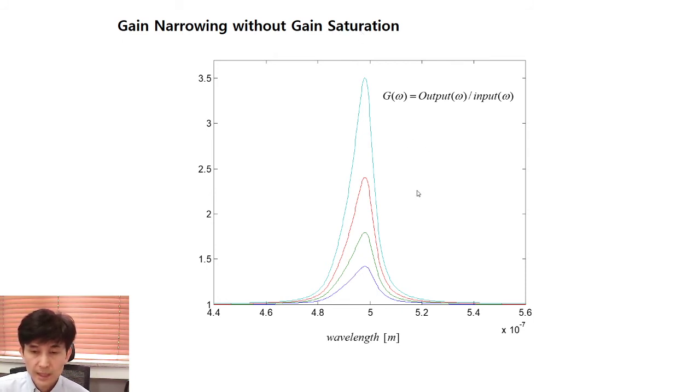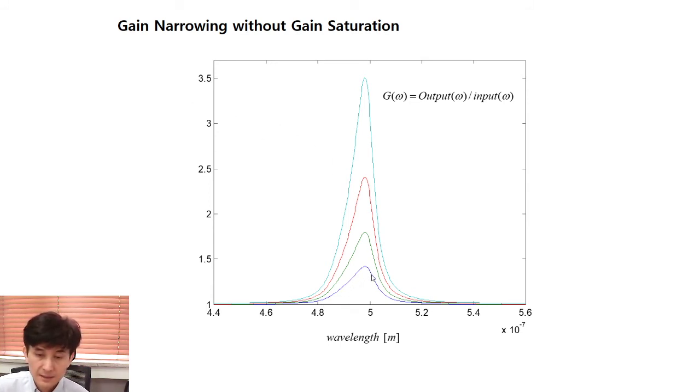So when phi is much smaller than phi set, we can see that as z increases, the gain narrowing becomes higher and higher.